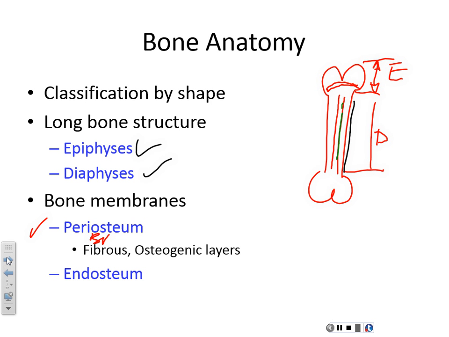It's like a stem cell. So know these membranes, where they are, and what their functions are. The endosteum is a fine one that lines the medullary cavity on the inside. Endo means inside, peri on the outside.